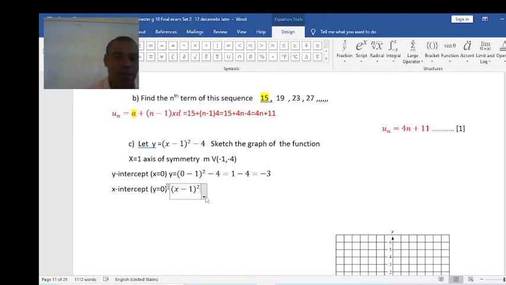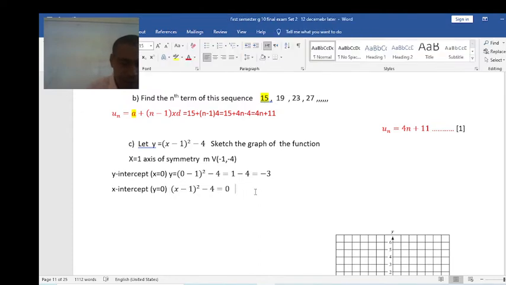Okay, no problem. Minus 4 equals 0. Then we'll get x minus 1 squared. Now minus 4, I will transfer to the right hand side, it will be plus 4. 4 plus 0 is 4. So this is equal to 4.